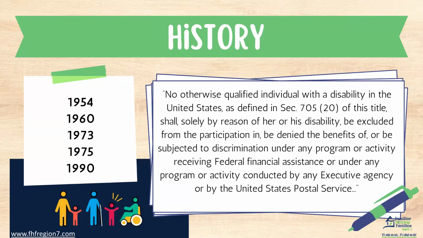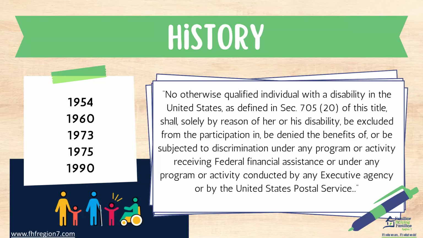Parents of children with disabilities recognized that their children should have the same civil rights. So, after the decision in Brown, parents of children with disabilities began to bring lawsuits against their school districts for excluding and segregating children with disabilities. The parents argued that by excluding these children, schools were discriminating against the children because of their disabilities.